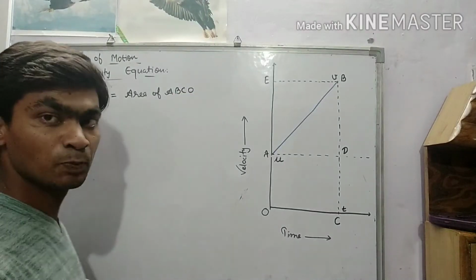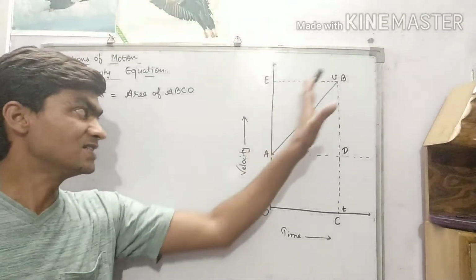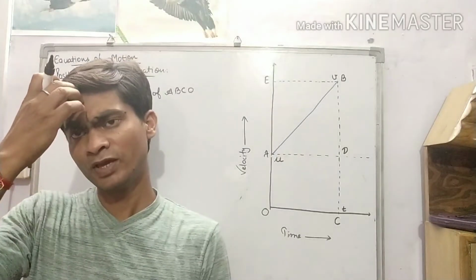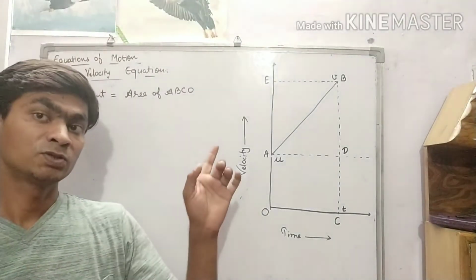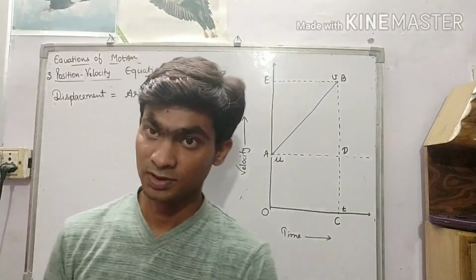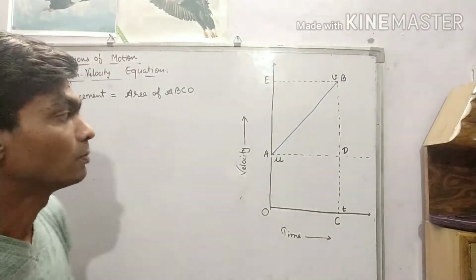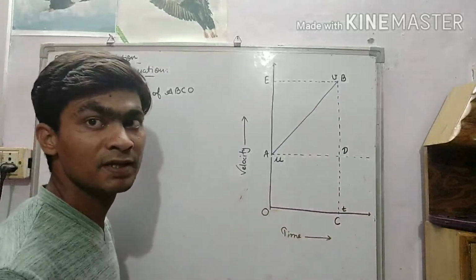As I explained in the previous part of the same video, this is a trapezium. While proving the previous equation we divided it into two fragments, a rectangle and a triangle. Here we have to take it as a complete trapezium.